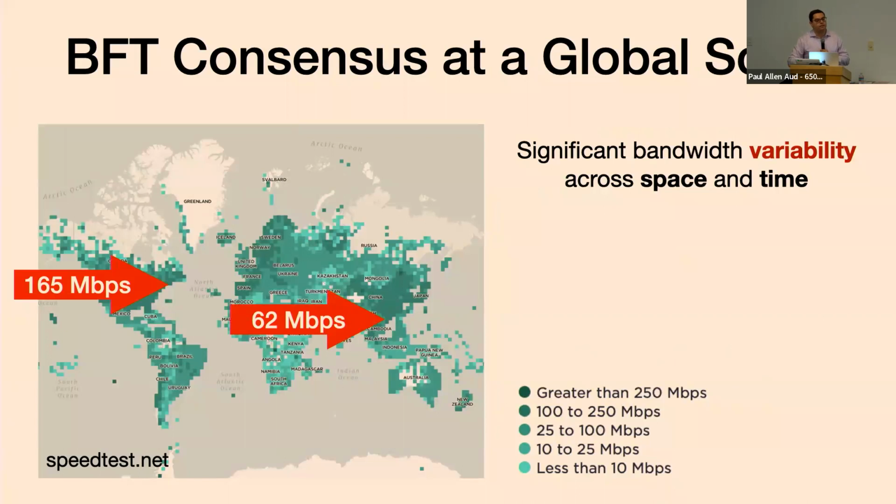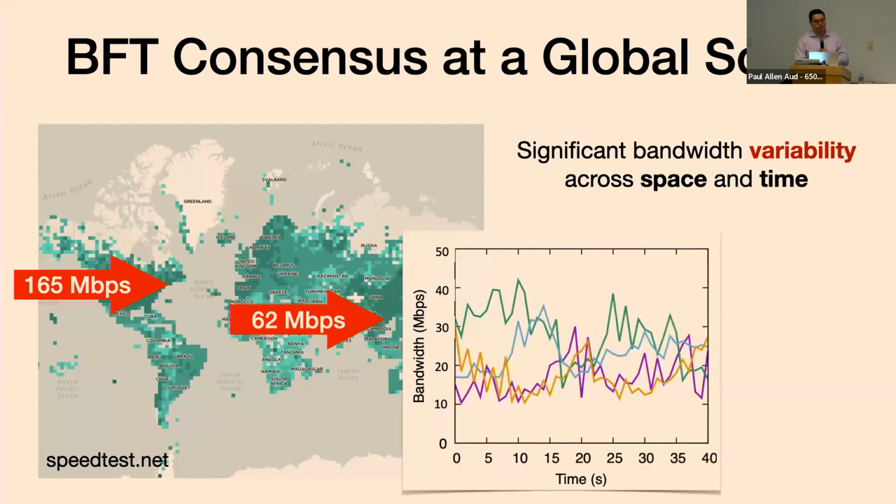And these network speeds can change over time, depending on time of day, traffic conditions in that network at that point in time, and so on. And it turns out, as I'll describe, existing BFT protocols leave a lot of performance on the table when faced with this kind of bandwidth variability.